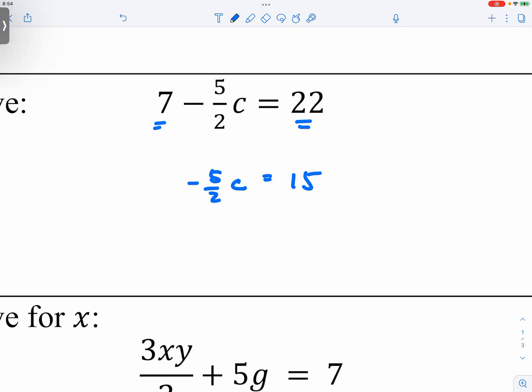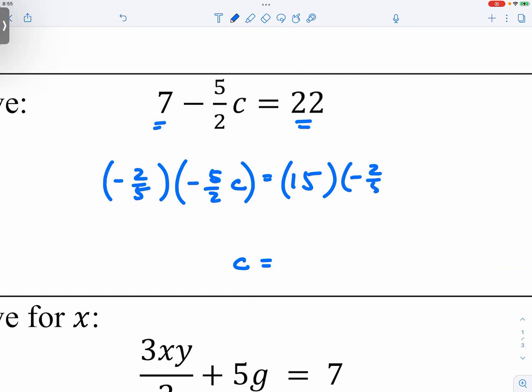Again, what do you want? You want C by itself, right? This is what you do. You multiply by the reciprocal.